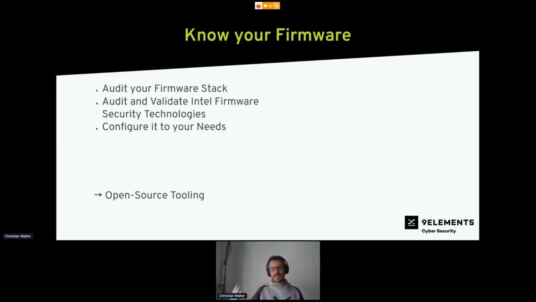However, that enables you at least to look at how CBNT is set up, how BootGuard is set up, how TXT is set up, and whether my platform configuration is actually valid or not. So it enables you to audit and validate firmware security technologies, at least TXT, CBNT, and BootGuard. And it also lets you configure it to the needs that you actually have.